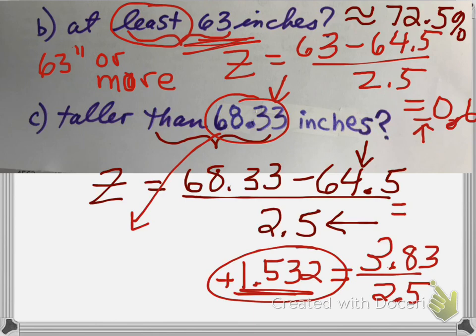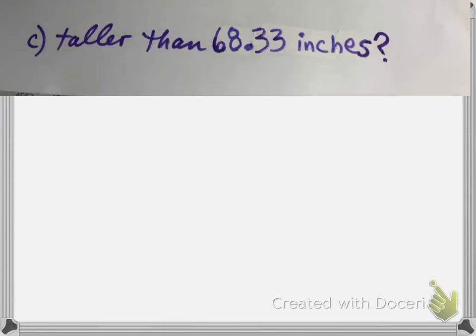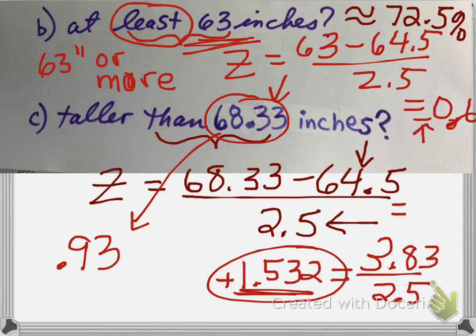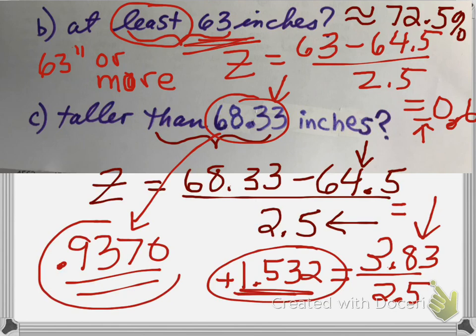Now it says taller than that. 0.9370, okay. Now let's think about this. I have students all the time that are just not paying attention and they find the z-score correctly, they got everything set up fine, they look at the table and they write down 0.9370 as their answer.